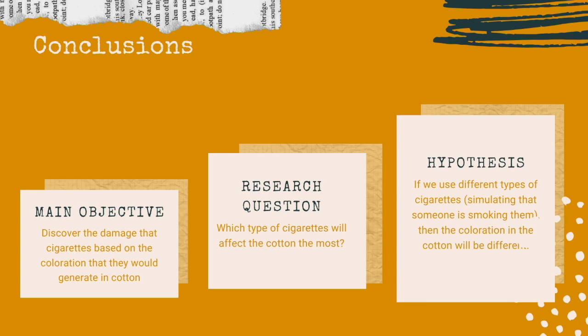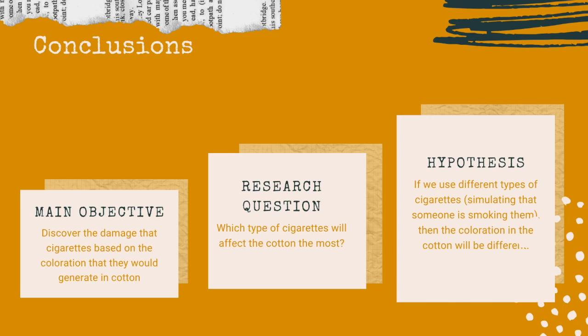If we use different types of cigarettes, simulating that someone is smoking them, then the coloration in the cotton will be different, and in this way, we set out to find out how true it was that the brand had something to do with the damage it causes and the coloration it generates.